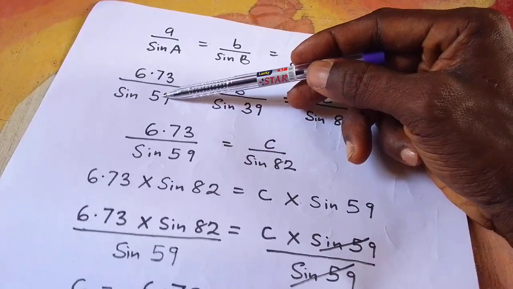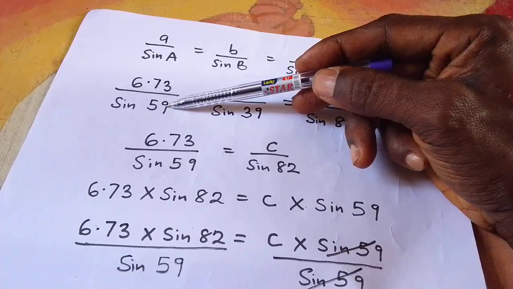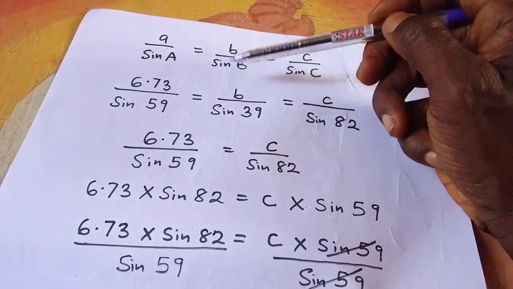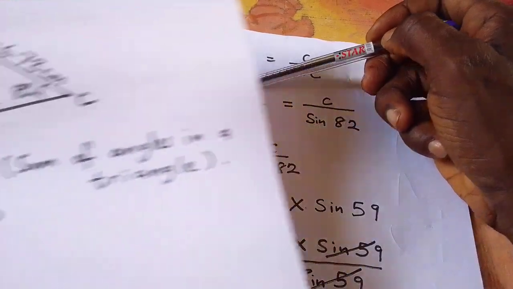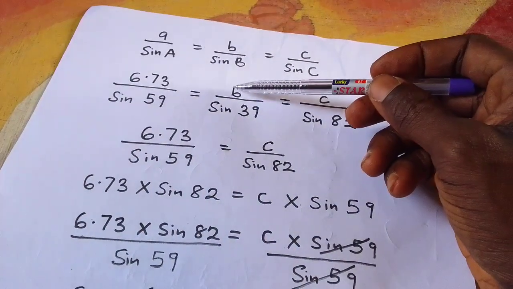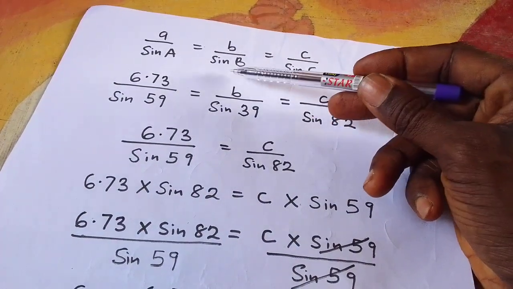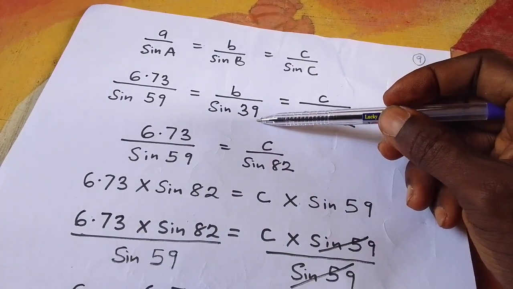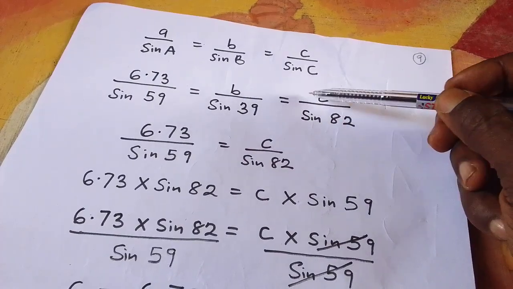Sine 59 equals side b. We are not given the value of side b, so that remains b over sine of angle B, which is 39, equals side c.